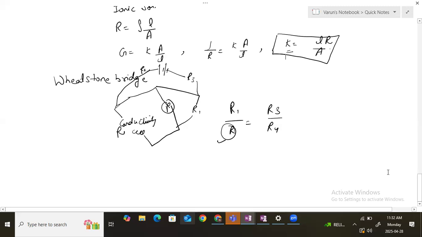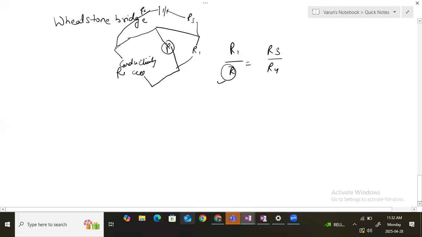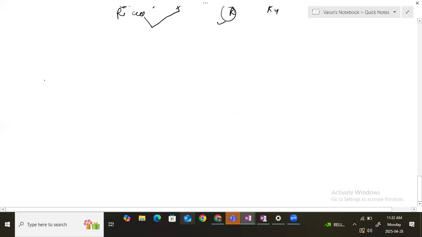Next, we come to the concept of molar conductivity. This one was the conductivity of ionic solutions, that is, how do we determine the conductivity. Next is molar conductivity. It is represented by lambda m.